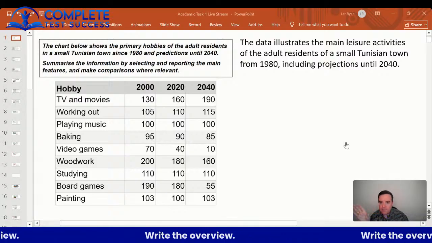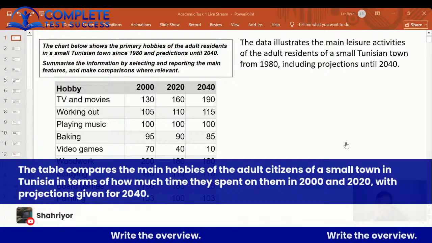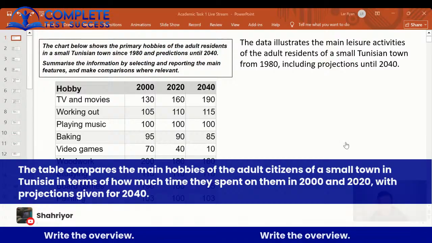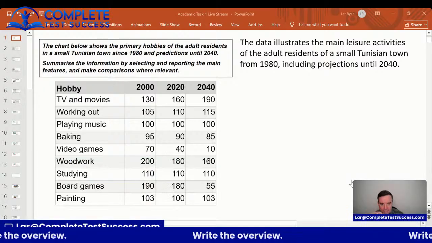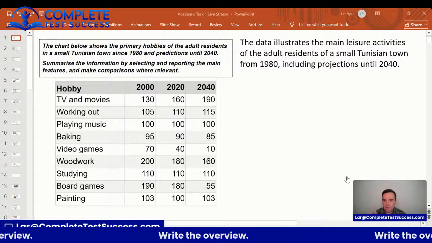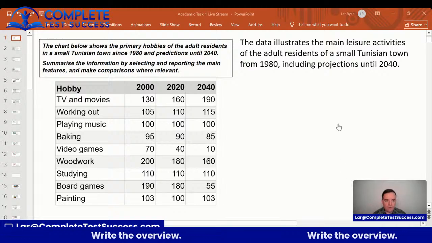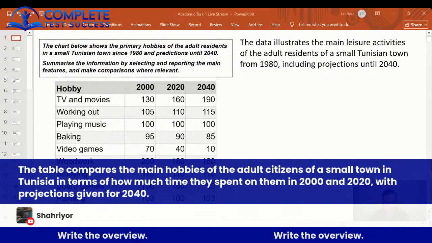It doesn't say anything about time. I wouldn't say that it's time. It's most likely the number of people, right? So the question doesn't say anything about time. I wouldn't infer that information. So it's not really like how many minutes or how many hours a day they spent or anything like that. So I would remove that thing about time from your paraphrase.